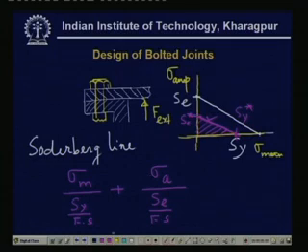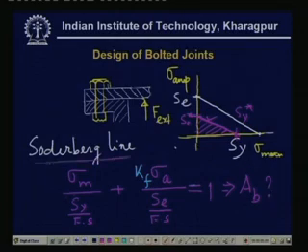Here we have to multiply by the fatigue stress concentration factor Kf, and that will be equal to 1. Now sigma m is again written in terms of F external, Fb and AB. So from this equation we can find out AB. This is how we design according to the Soderberg line.